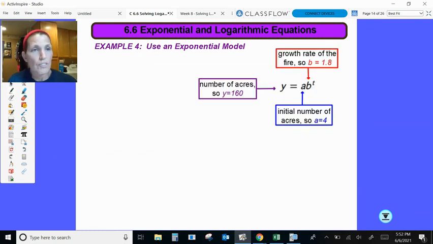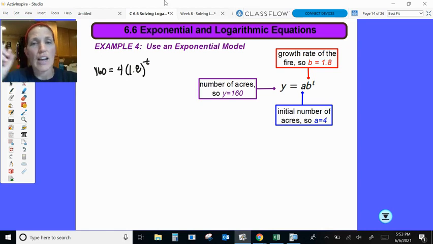And so we end up with our equation right here: 160 equals 4 times 1.8 to the t, where t is time, okay? And it's asking us how much time it has taken to get to 160 acres, because then we're going to need additional resources. So this is just an exponential function like we did last time.